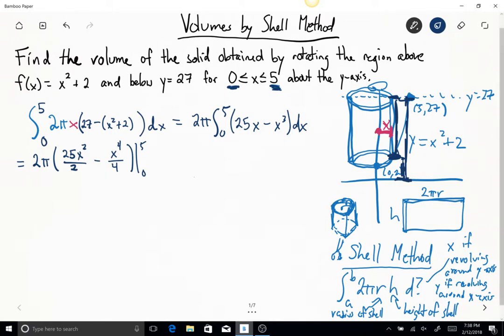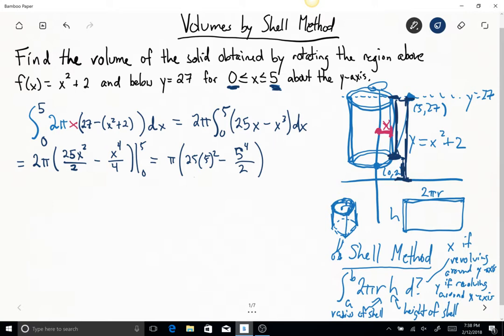And so what does this become? Well, this equals 2 pi times, well, notice we can distribute the 2 and make it pi times. Notice this becomes 25 times 5 squared once we distribute that 5. Minus 5 to the 4th over 2 now.